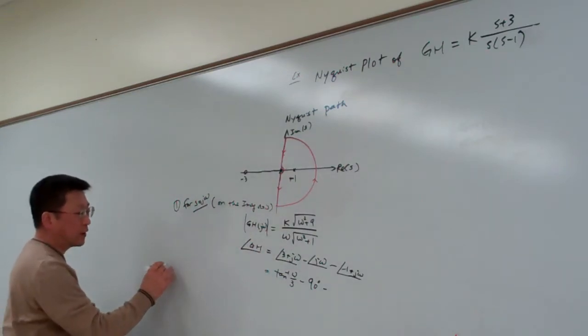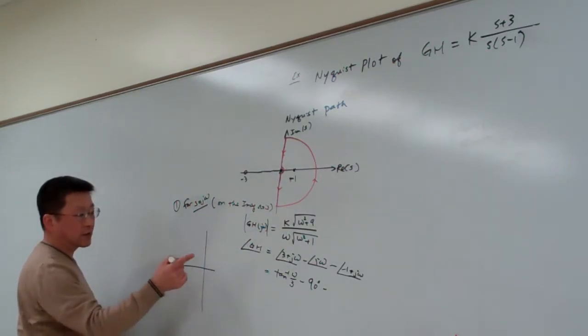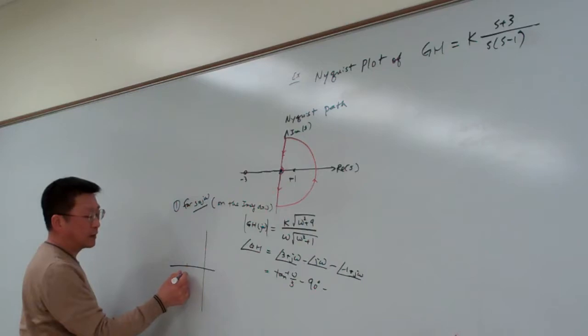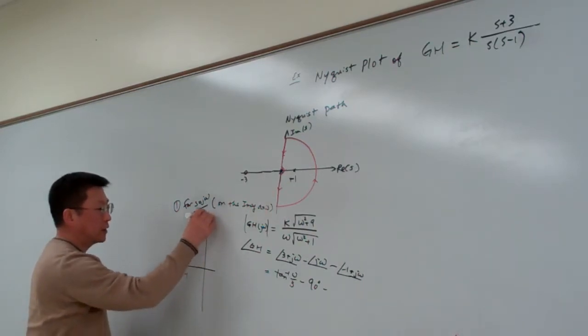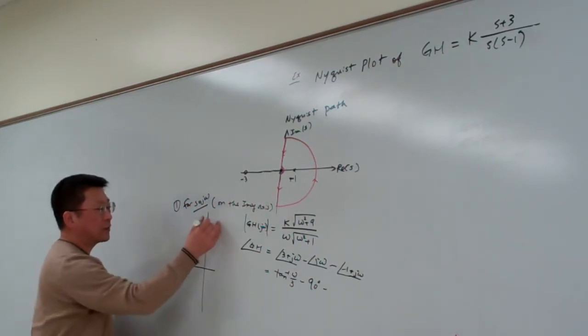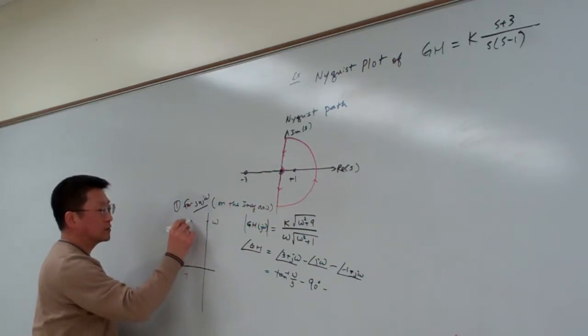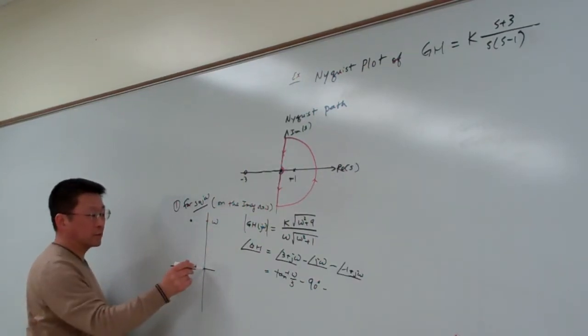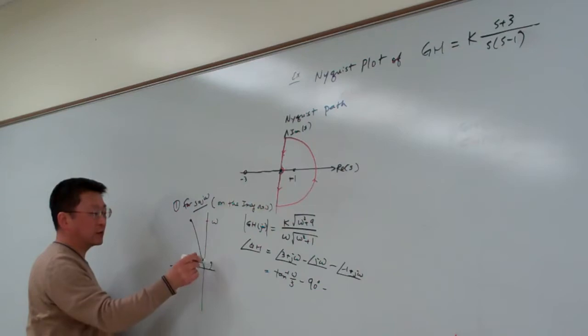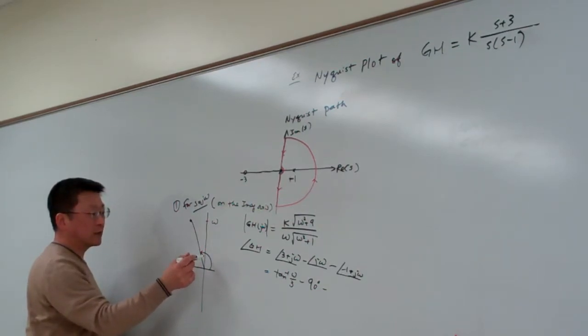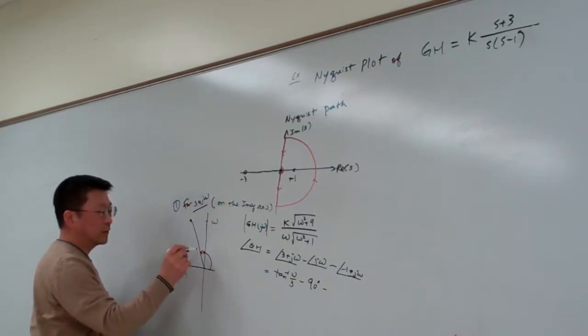And again, for this one, we can plot it here. So the complex plane, the -1 is here, and omega. So say if omega is positive, the point is here. Basically, that phase angle is this one. That means this angle is how much?